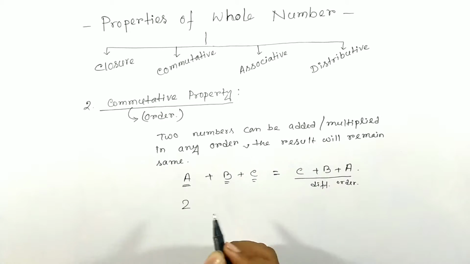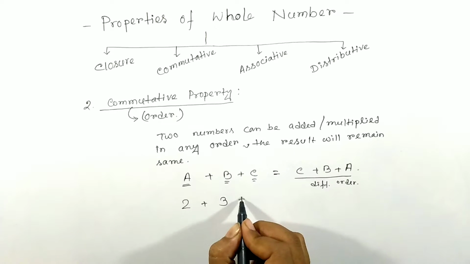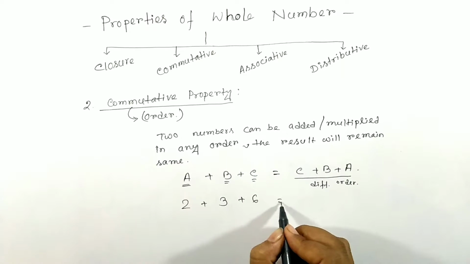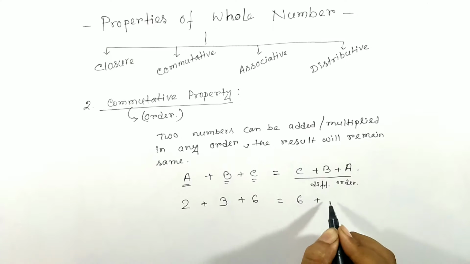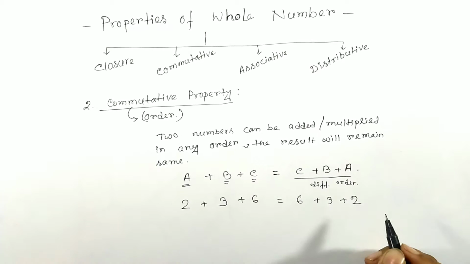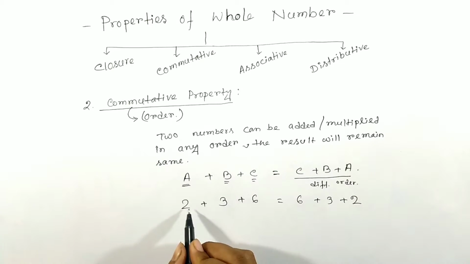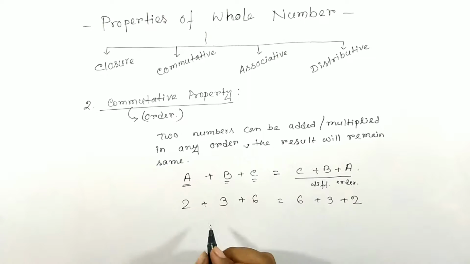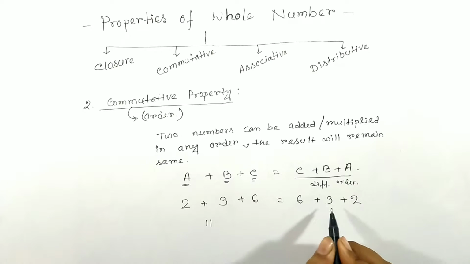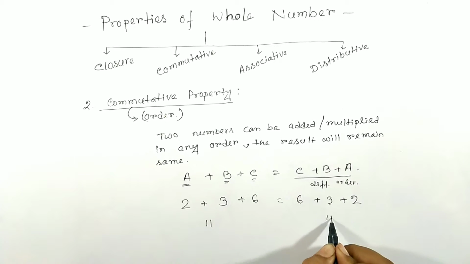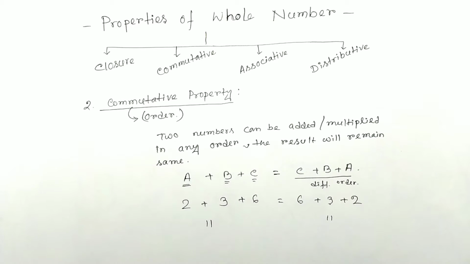Take an example like A equal to 2, B equal to 3 and C equal to 6. So if you add 2 plus 3 plus 6, the result is 11. Similarly, if you add 6 plus 3 is 9, 9 plus 2 is 11. That means order doesn't matter in case of addition.